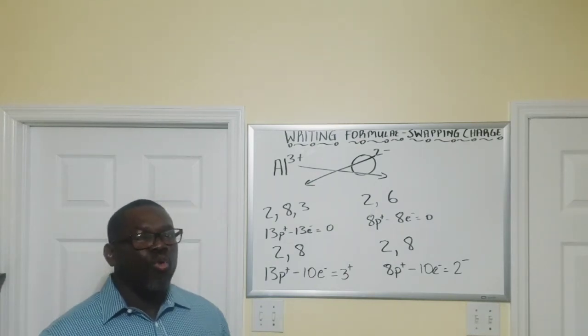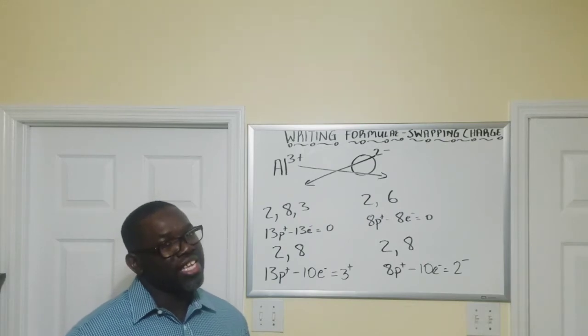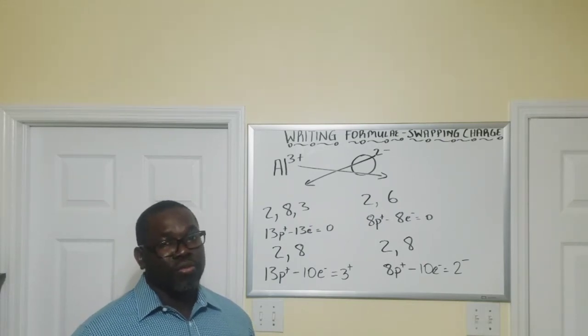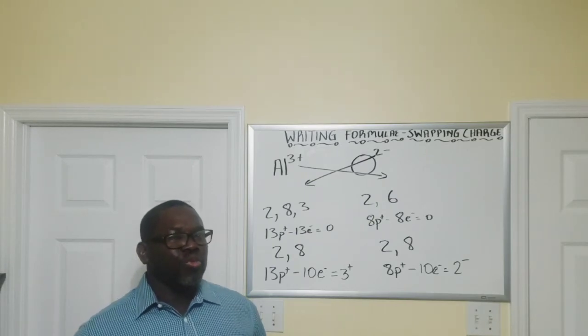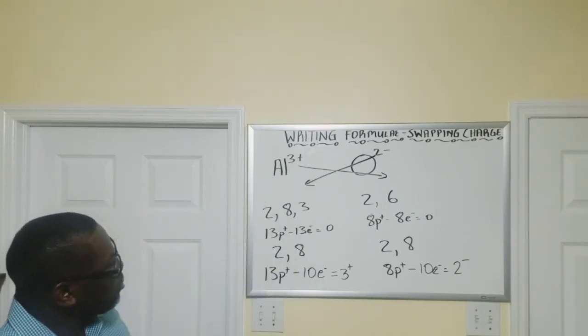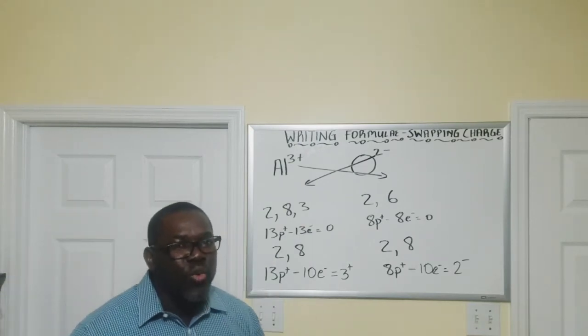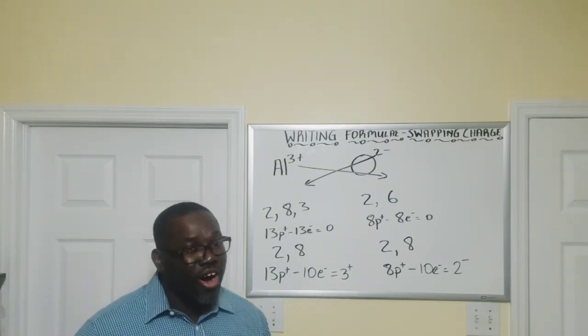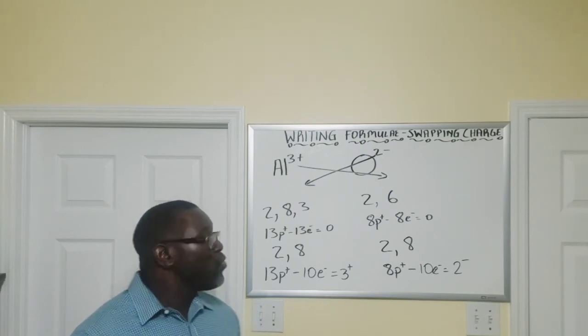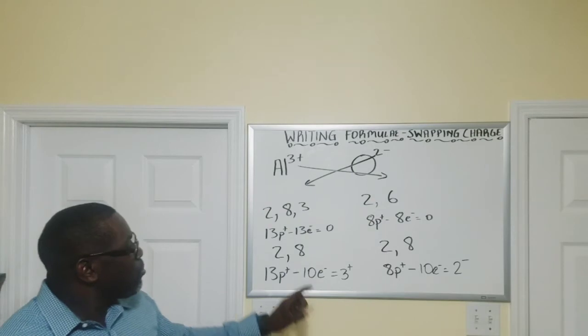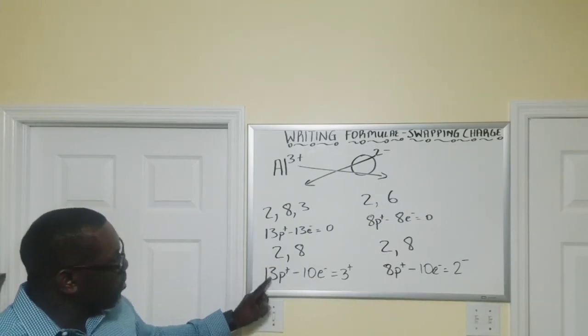Now let us work out the charge again. Remember I said you can work out the charge by subtracting the number of electrons from the number of protons. So let's do that. For aluminium, it still has 13 protons. We did not do anything to the protons. All we did was just remove the 3 electrons. So the proton number remains as 13.